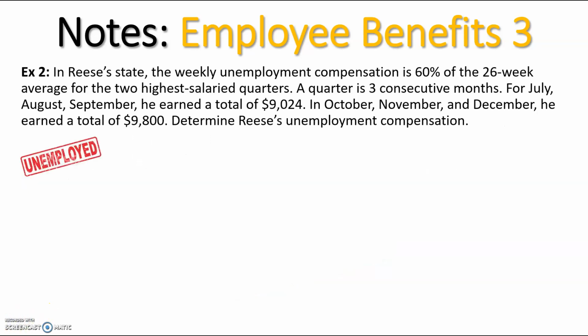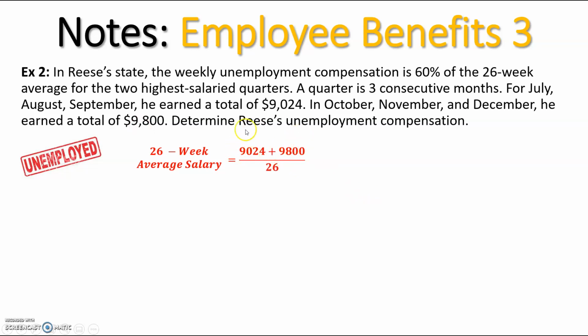All right, so the first thing we need to do is determine this 26-week average. So we know that for 13 weeks, July, August, and September, he earned $9,024. And for another 13 weeks, October, November, December, he earned $9,800.